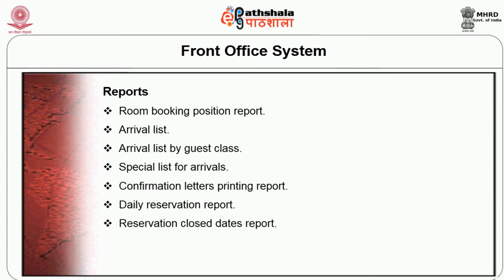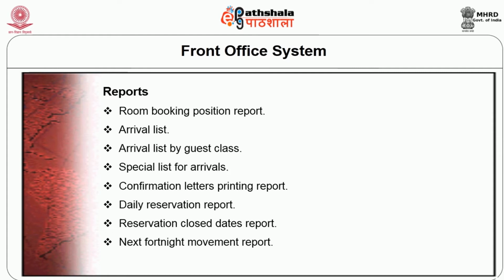Next is the reservation close dates report. These are the dates which are closed for reservation, say when the occupancy is full and you have closed the reservation. Everything can be recorded and given as the reservation close dates report. Next is the next fortnight movement report. I think you know the meaning of fortnight: it encompasses the next 2 weeks.